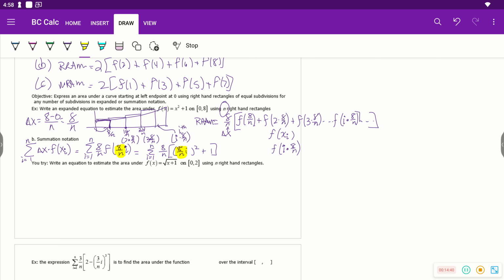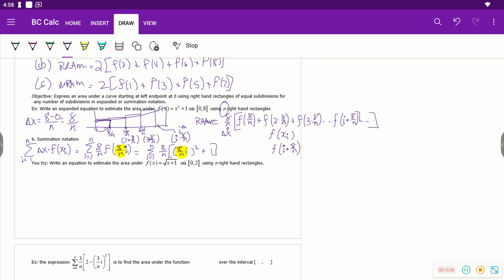All right, so when you set up a summation notation, you'll have a delta x out front, which comes from the width of the region divided into n chunks. Then inside, you're going to have the function shell, blank squared plus 1 in this case, at different marks along the way that come from how many delta x's you've gone over before you went up to the curve to find the height. I hope that makes sense.